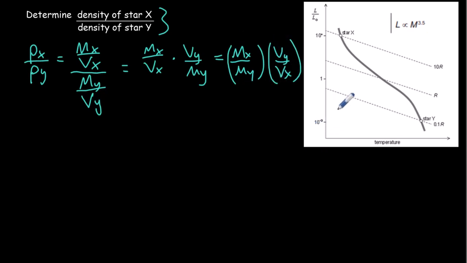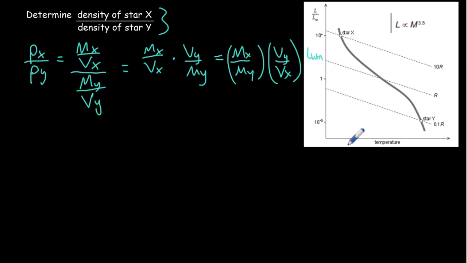And now when we look at our graph, we look to see if we can get a mass ratio or a volume ratio, and we can't directly. We do get ratios for radius and for luminosity. This L here stands for luminosity.